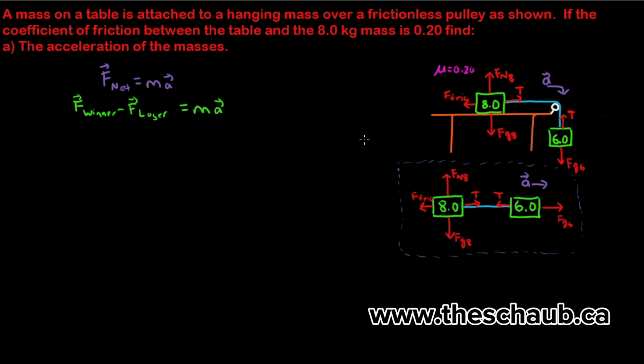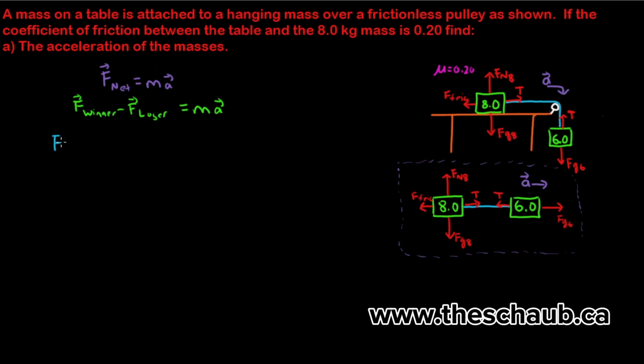And we assume our winning forces act in the direction of the acceleration. So with our acceleration going right, we assume that all forces contributing in the right direction are winning forces, and all forces contributing in the left direction are losing forces. So starting here on the right hand side, we have Fg6, which goes in the same direction as the acceleration, so we call this our winning force. And we'll just start here and work our way left.